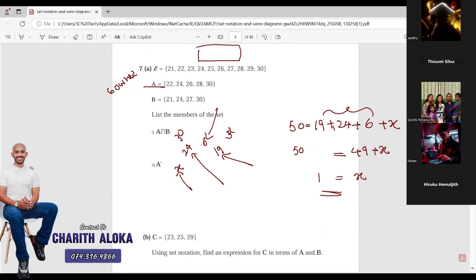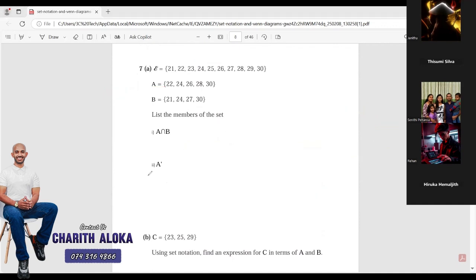So you can try this out. This is the first question and this is the second question. I'll give you this one also. Third one: A intersect B complement. You write down that.